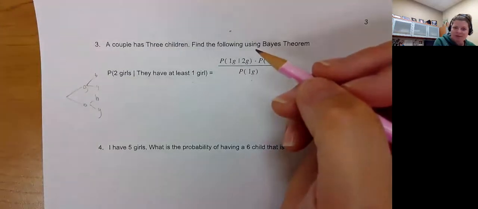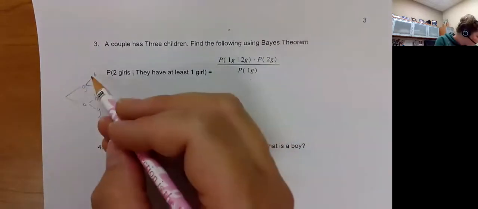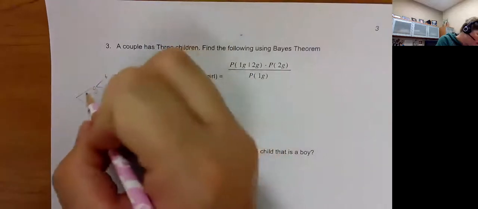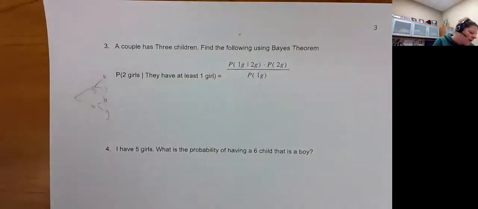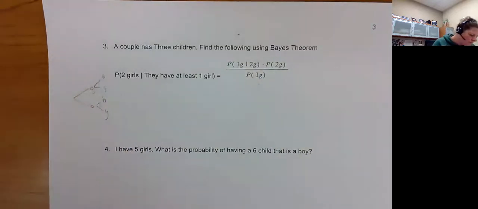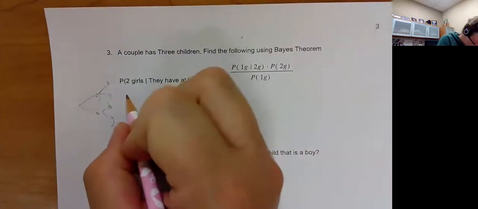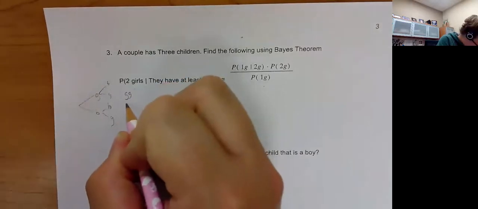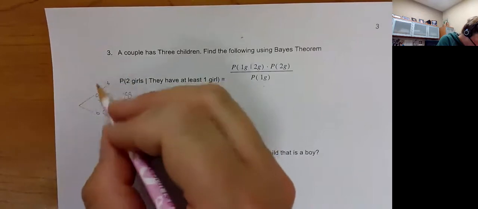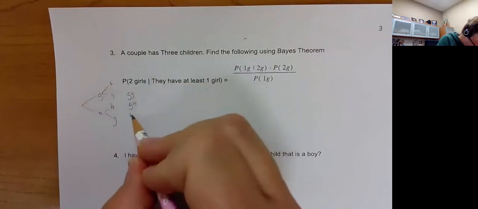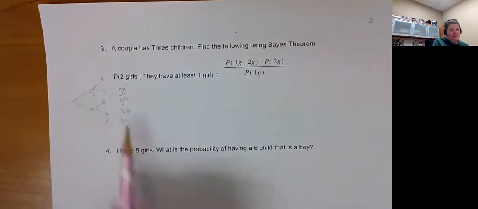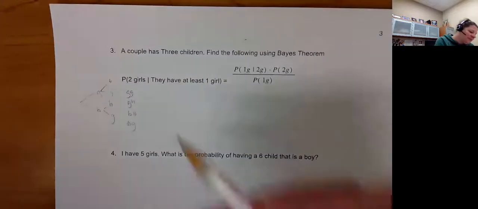You only have 2 children, so there's only 4 ways to get that: girl-girl, girl-boy, boy-girl, or boy-boy. Either way, that's the sample space.